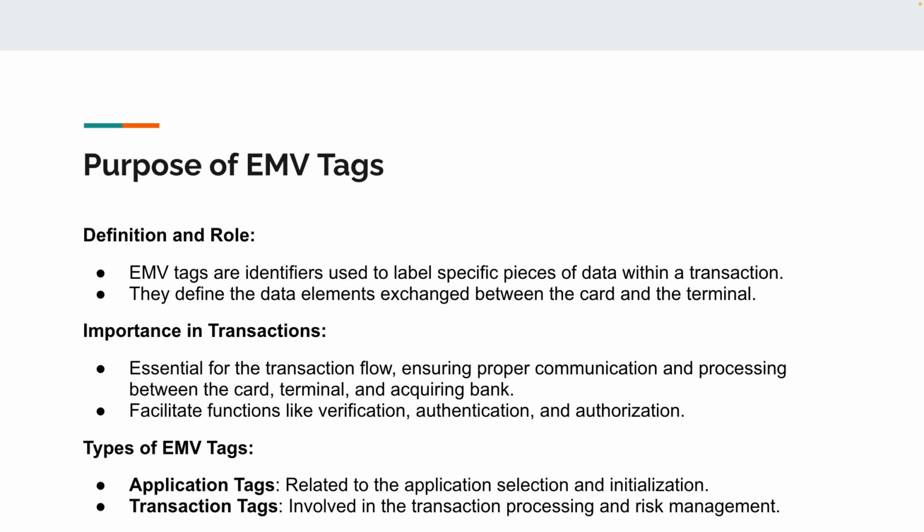The tags that are responded with at that stage are called application tags. Transaction tags are involved in transaction processing and risk management. Transaction tags are those that you send upstream, that your acquirer, issuer or processor would have to validate. For risk management, those are the tags you use to perform risk management on the terminal, or with the acquirer.